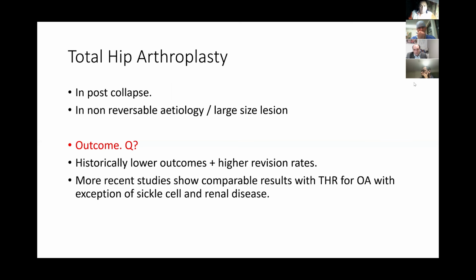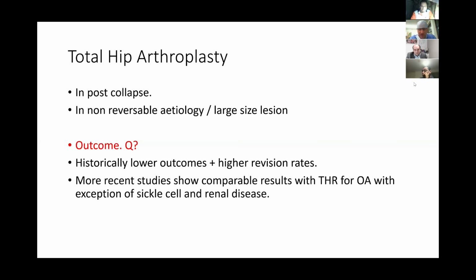So you opt for a surgery, counseling the patient and telling him that we're going to do this surgery, the outcome is 60% or 70%, and there is a chance of failure, and if that fails, then we're talking about a hip replacement. So yes, in all cases, whether idiopathic or non-idiopathic, hip preservation surgery, providing there is no collapse. Once there is collapse, the options are no longer valid.